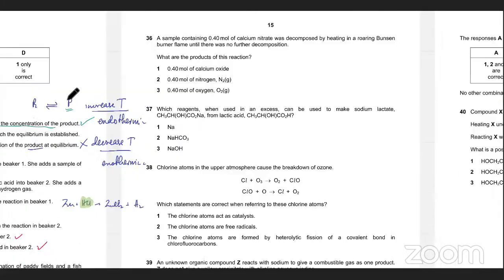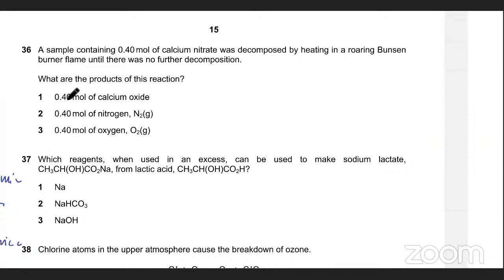Yes, sir. So now 36: a sample containing 0.4 moles of calcium nitrate was decomposed in a roaring Bunsen flame until there was no more change, so it's getting decomposed. Calcium nitrate, when it gets decomposed, produces CaO, 2NO2 and 1/2 O2.